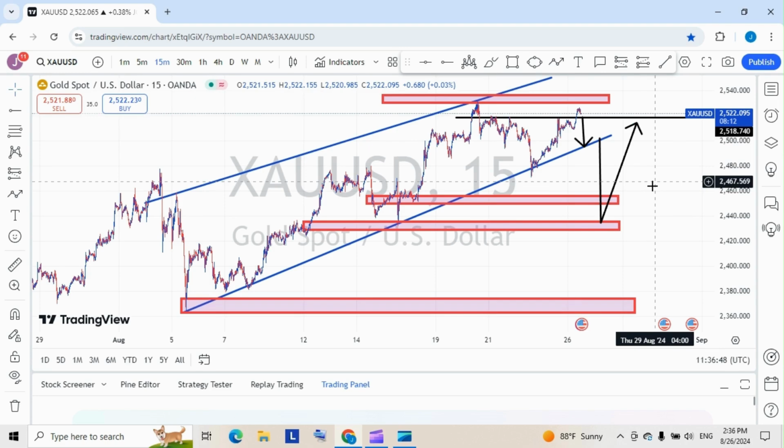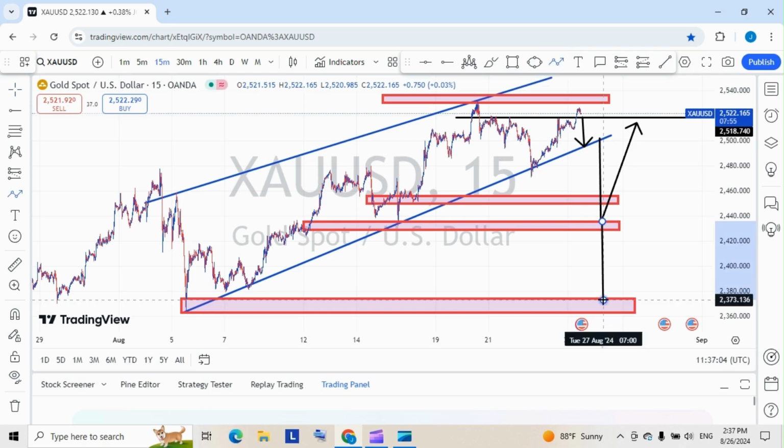So now, after price reaches here, let's say there is no reversal again. What are you going to notice? Price can even move down toward this level. This is what I'm expecting for gold to do. So it's either we have a break here, and when we have a break here, price is just going to come directly here.